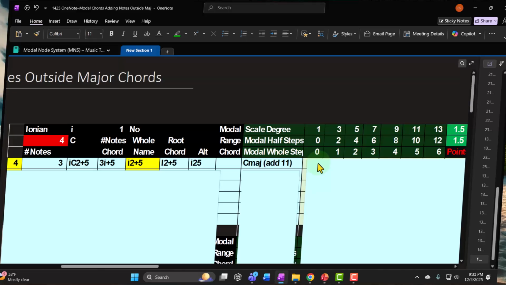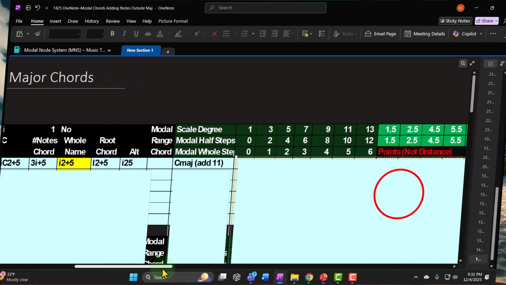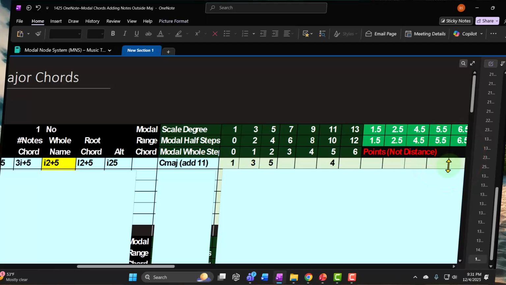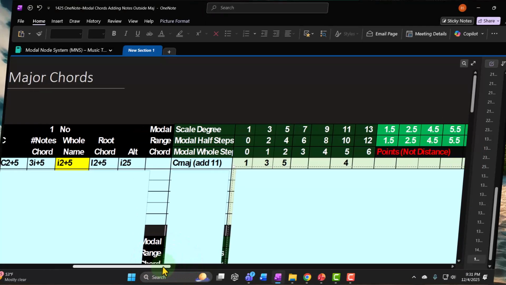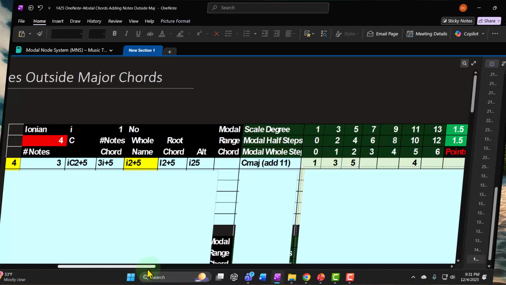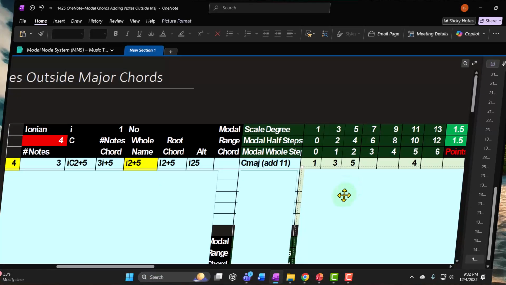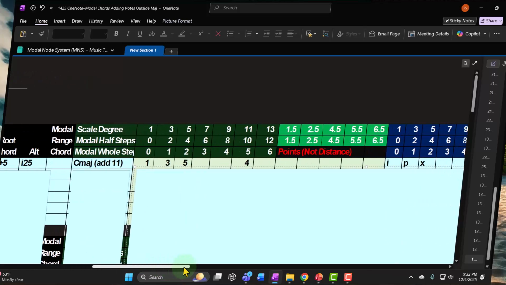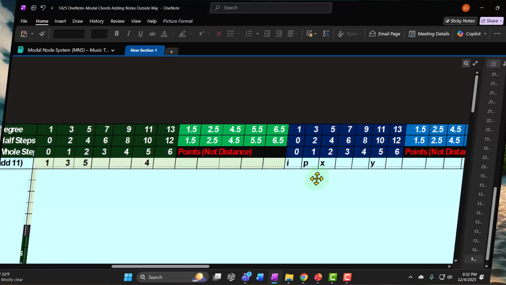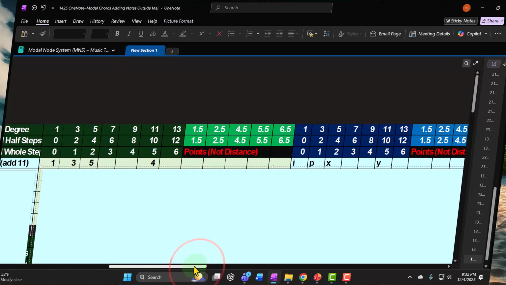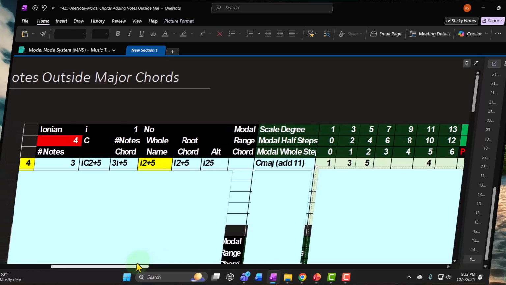So that would be point 0 Ionian, and then we go 1 modal whole step up, which would be 2 modal half steps, which would get us to the point 3, which would be the Phrygian, and then we would go up another 2, which would give us the 5, or the Mixolydian, as you can see here. Ionian, Phrygian, Mixolydian would be the general layout.